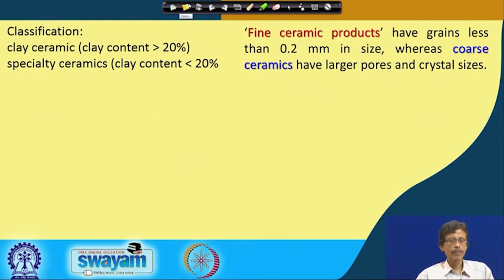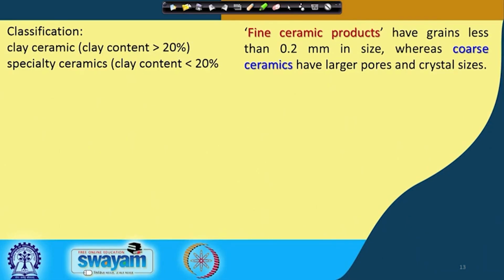So the specialty ceramics, material wise, and then the physical characteristics of that material will also tell you that you can have fine particles of those ceramic materials. The fine ceramic products are those where the grain sizes are very small.